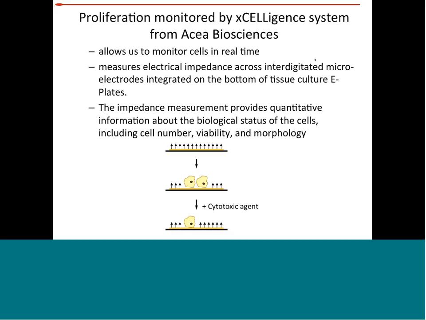So you can monitor the health of your cells by eye and with your microscope, just like you would in a 96 well plate if you're doing another proliferation-based assay. And I can get quantitative information about the cell number, the viability, and the morphology. You can see in this little diagram, similar to the one you saw earlier, after addition of a cytotoxic agent, you now have fewer cells, and so your cell index is going to change.